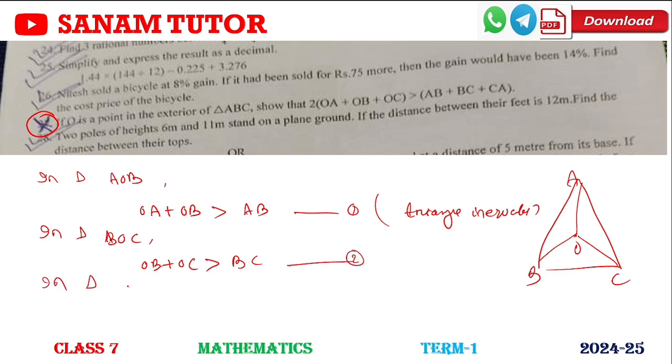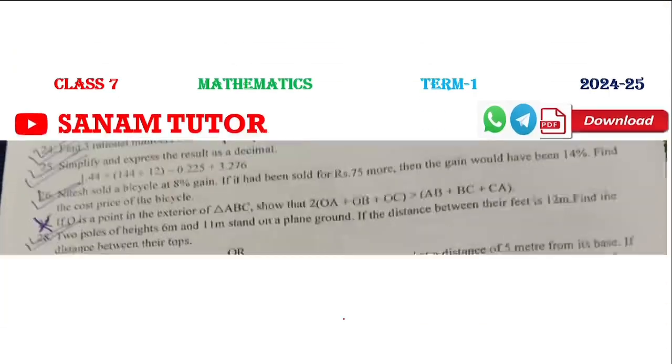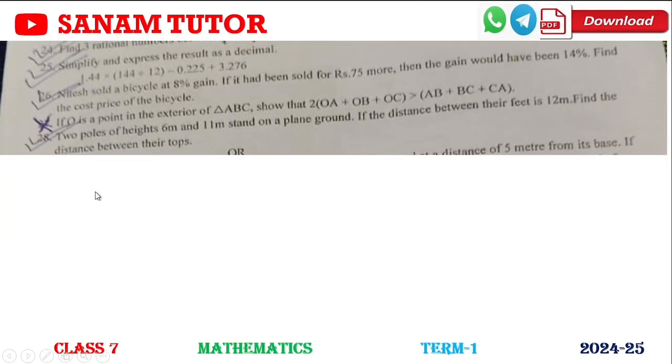Similarly in triangle COA, OC plus OA must be greater than AC. So this is equation 3. Now adding equations 1, 2, 3. Adding equations 1, 2 and 3 means the left sides will be added.